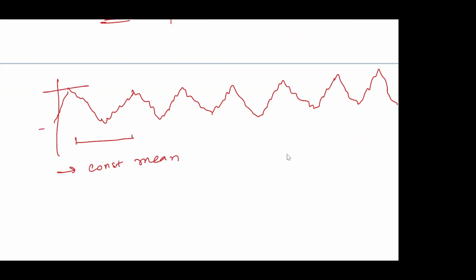If you see the variance, the variance is within the limit. It will follow some limit. So variance will also be constant.